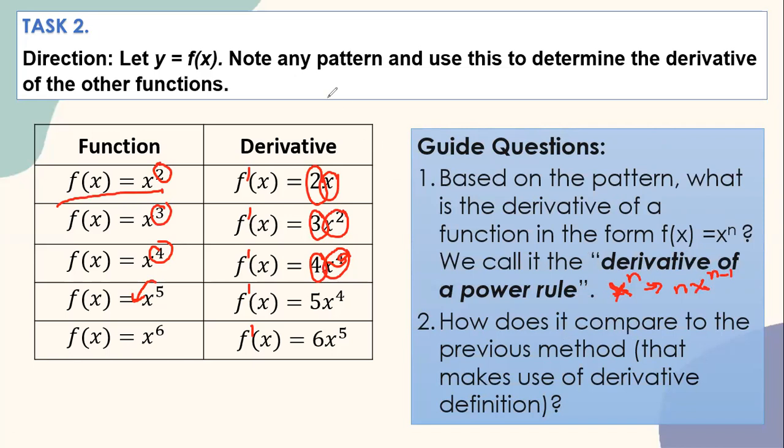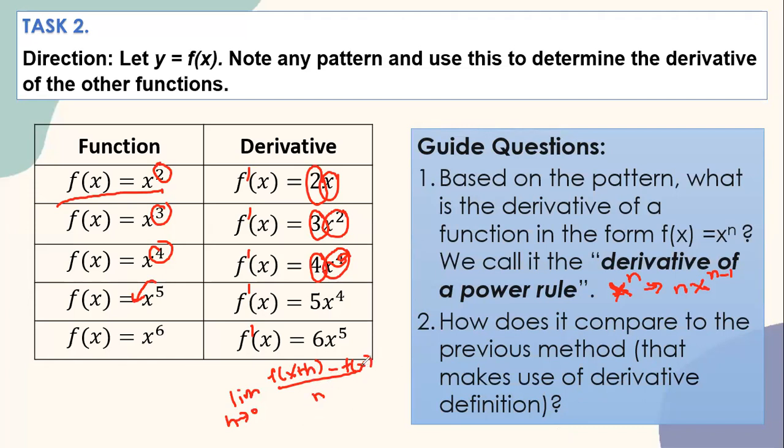So how does it compare to the previous method that makes use of the derivative definition, yung may formula na limit of (f of x plus h minus f of x) over h as h approaches 0? So this uses the definition of a derivative.